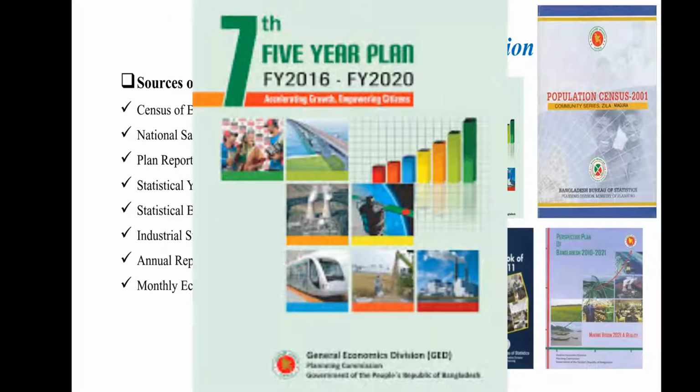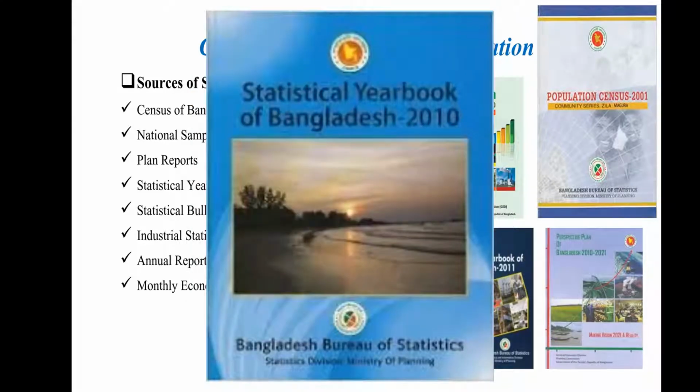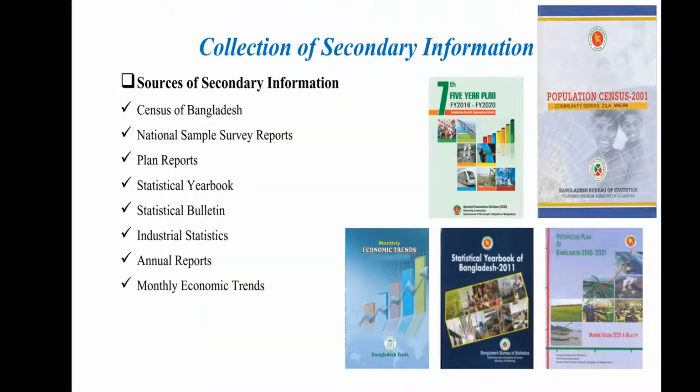There are also different plan reports issued by the Planning Commission of Bangladesh, and statistical yearbook and statistical bulletins are published by Bureau of Statistics of Bangladesh, and these reports also contain different important information about the economy. The annual reports of different companies also provide information about the outlook of the economy and their past performance, etc. Monthly economic trends is also an important source of secondary information.